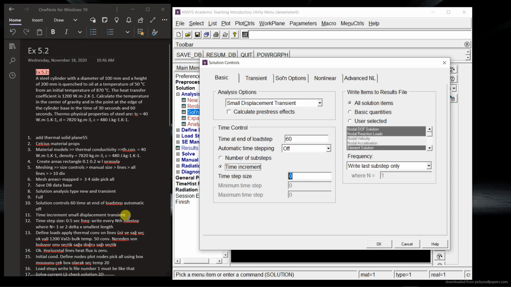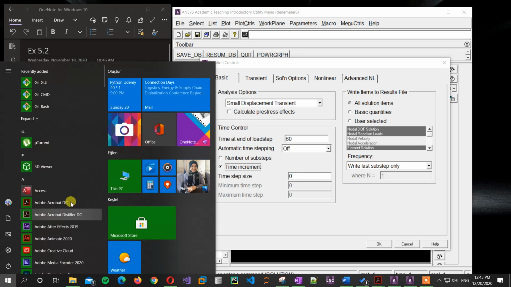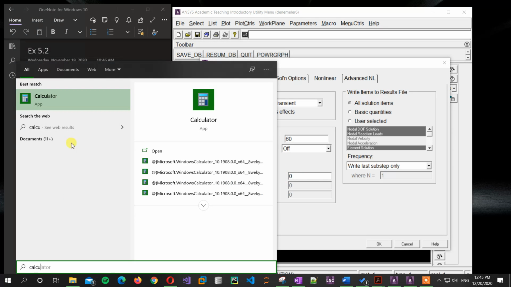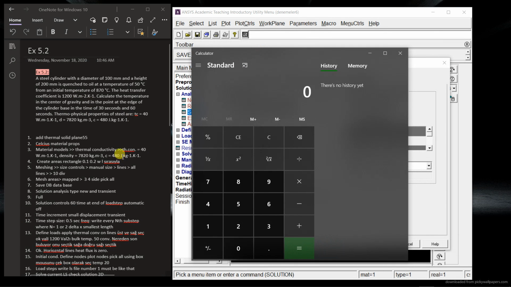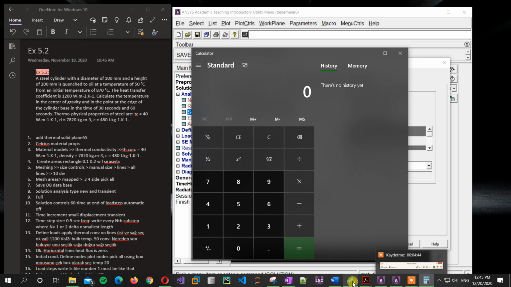So this is important, we should calculate it. Okay, so I'm going to write the calculator. So okay, look at here. So we have a formula, right, for the delta t. What is our formula? Let's write here.